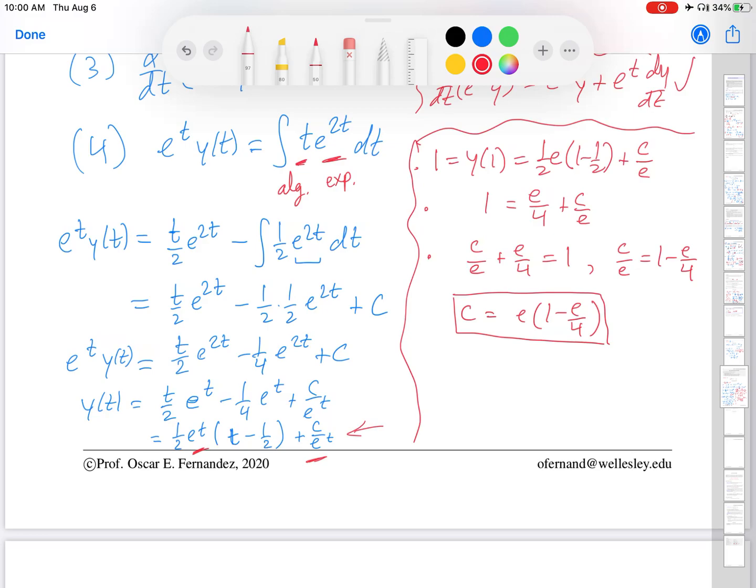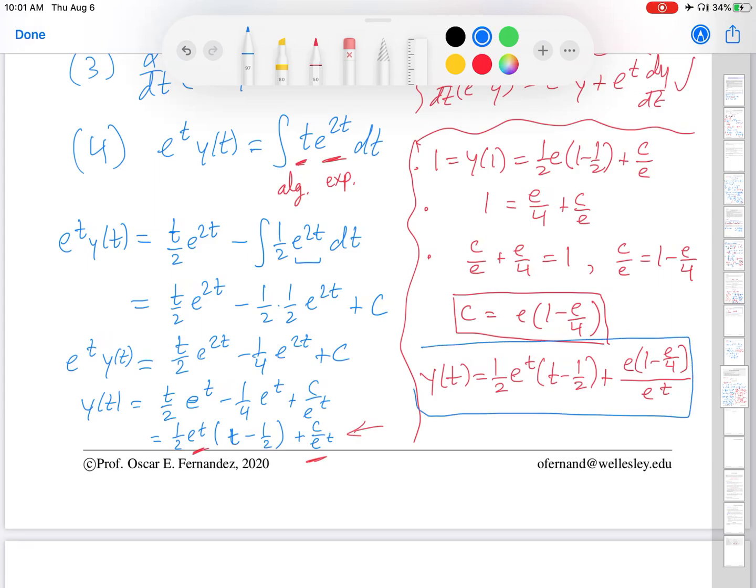It's not the most simplified version of c, but that's okay. My job is just to figure out what c is for this ODE to find the solution to the initial value problem. So there I am, having figured this out. I'm going to plop it in here as the numerator to this final solution and box this as my final answer.